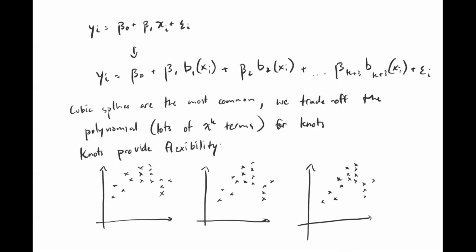You can have 0 knots, 1 knot, 2 knots, and so on and so forth.